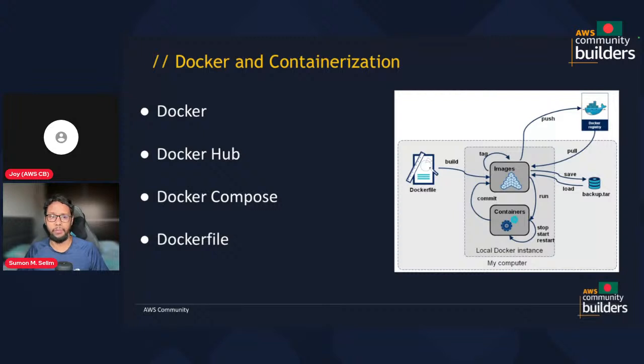And let's talk about Docker and containerization. As I was already saying, Docker is a very popular container runtime. It provides a runtime, it provides an engine, and Docker also has a Docker Hub where we can host our images. Docker Compose is a simple way to write Docker definitions, where we can define our dependencies, set up our networks, and set up our volumes or storage systems.